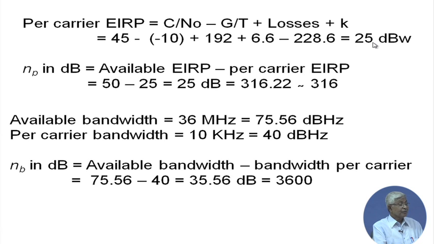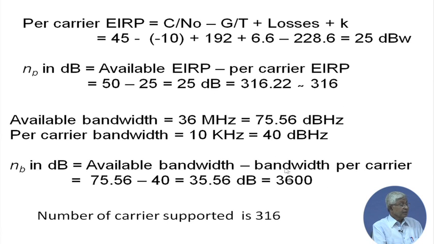So your requirement will be more than 50, which the transponder cannot support. So this example shows that definitely you have to take the lower one, otherwise you are getting into problems. So out of these two, the lower one is NP, 316.